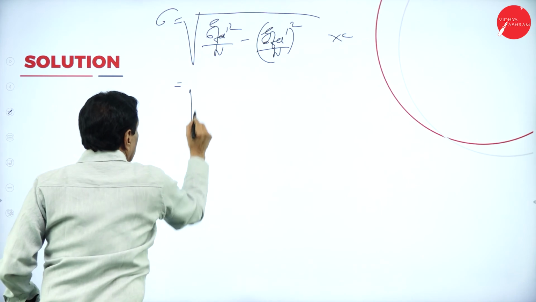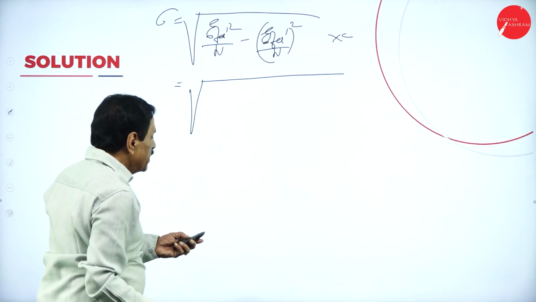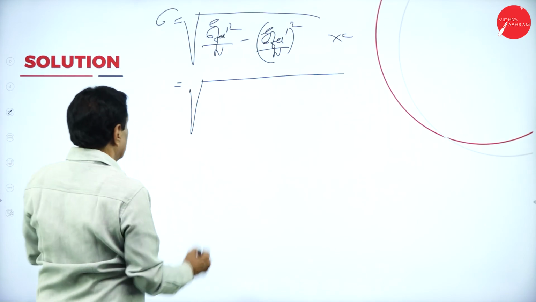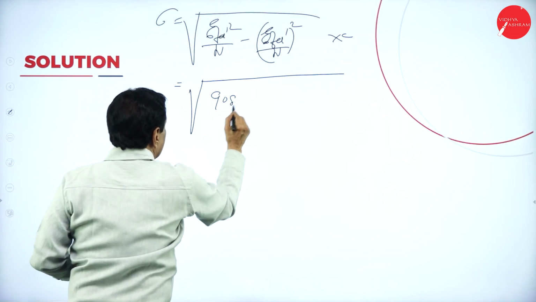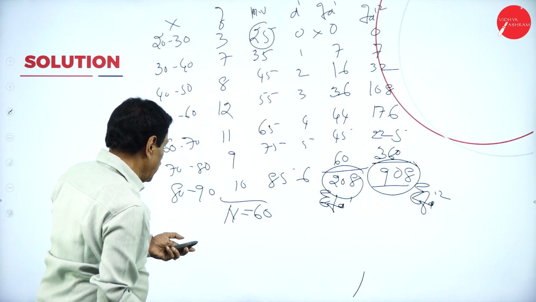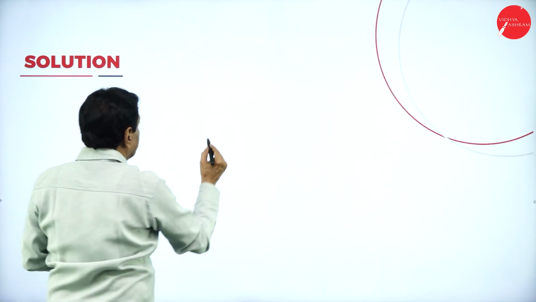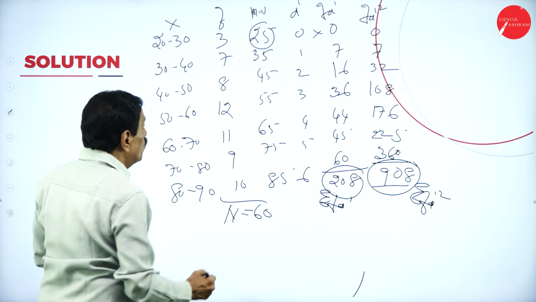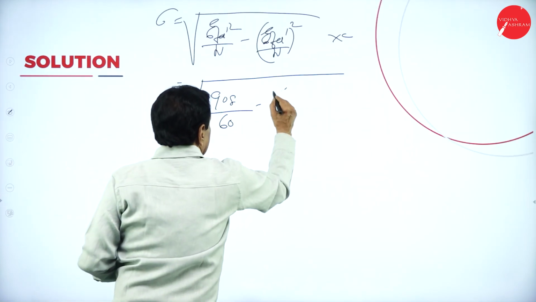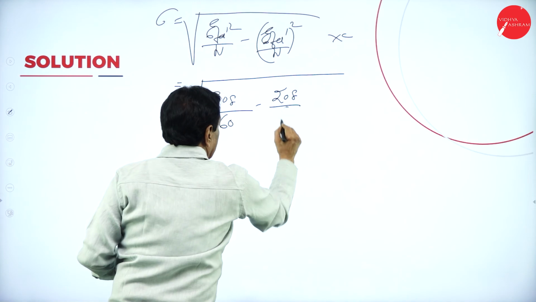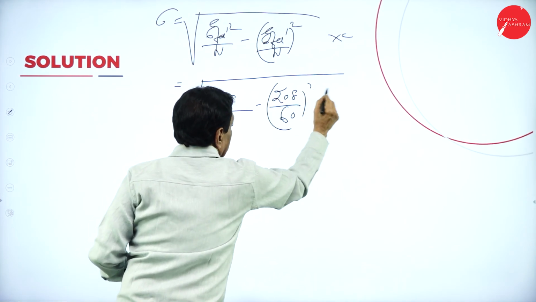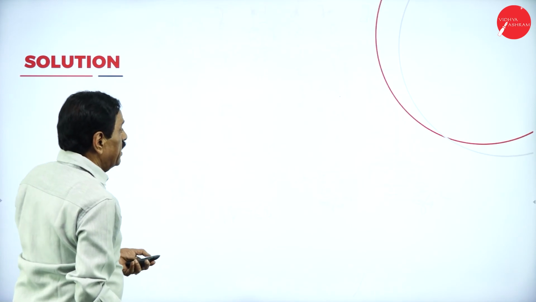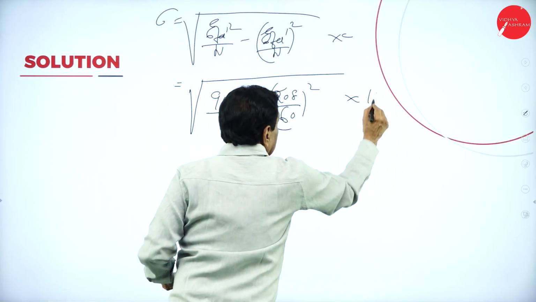Sigma f t dash square is 908, divided by the number of frequency 60, minus sigma f t dash, 208, divided by 60 whole square, into the class interval, 20 to 30, which means 10.